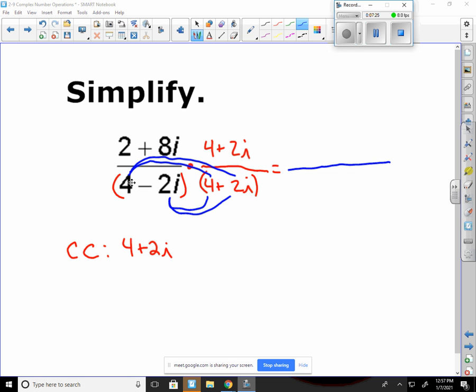So first here on the bottom, 4 times 4 gives me 16. 4 times 2i gives me plus 8i. Negative 2i times 4, that's minus 8i. Negative 2i times 2i would be minus 4i squared. Now before I try to simplify anything, I'm going to multiply my top out as well.